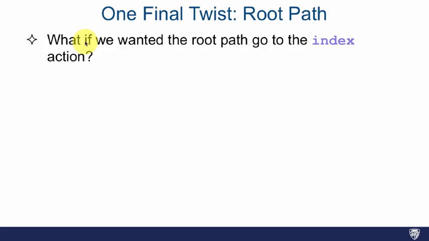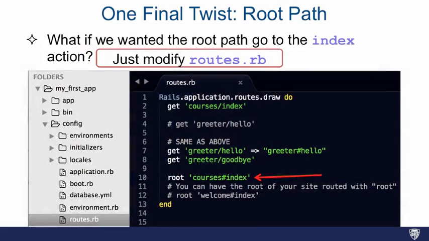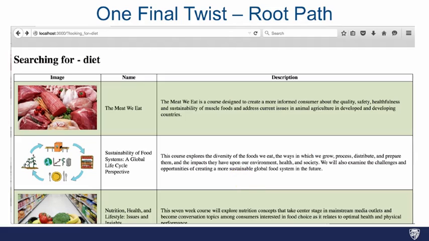You could do that by specifying in routes.rb: root 'courses#index', which means that the root path to your application is going to go to the courses controller and the index action. So now if we don't specify courses/index, we just specify looking_for, which is our request parameter, equals, I don't know, let's say diet, we get these courses.